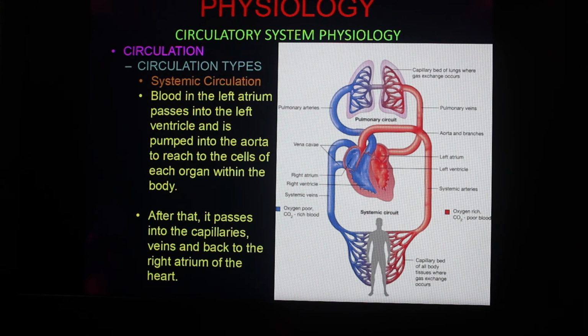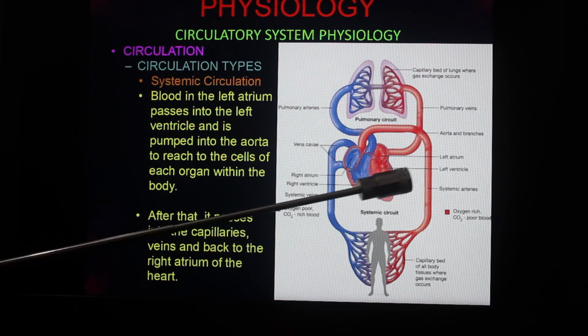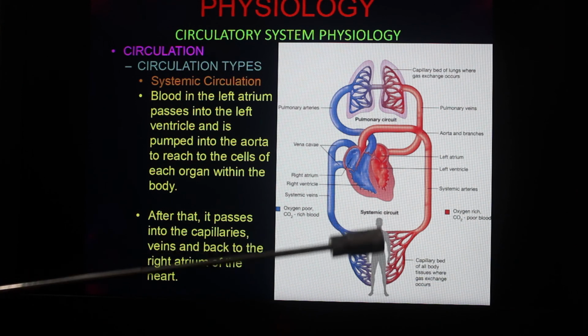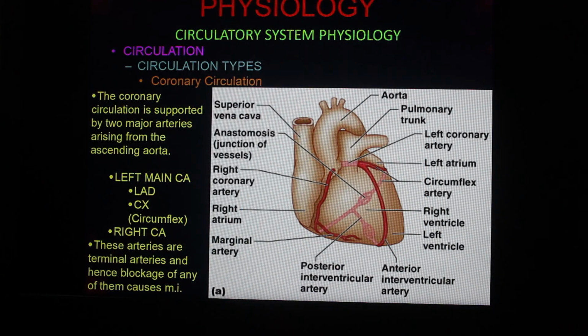And remember that we have 100 trillion cells in our bodies. After it comes into the aorta, it is distributed to all of the body cells, including our head and our torso. That was the pulmonary and systemic circulation.